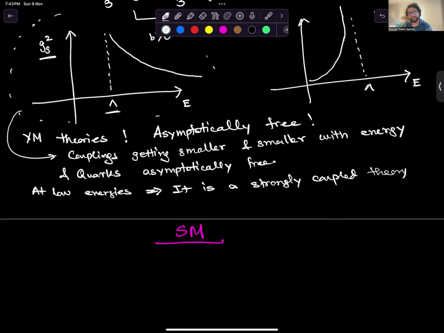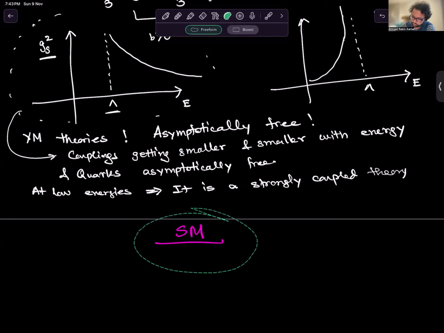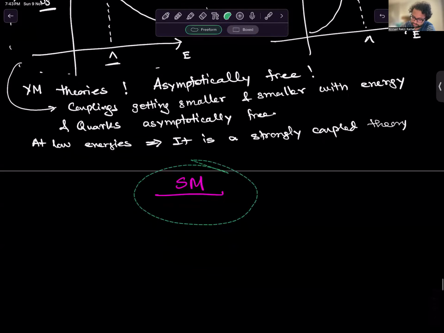But at high energies, it is actually as if they're free particles, or it is a weakly coupled QFT. This is a very interesting behavior of QCD, and it also appears in many Yang-Mills systems.